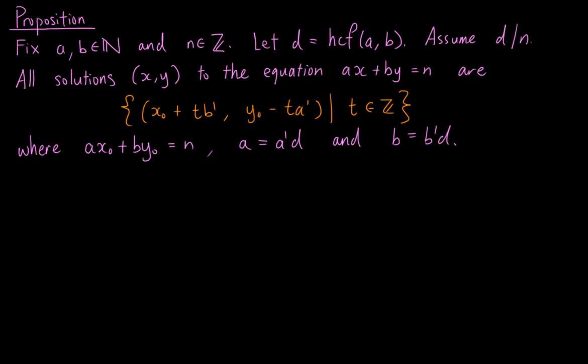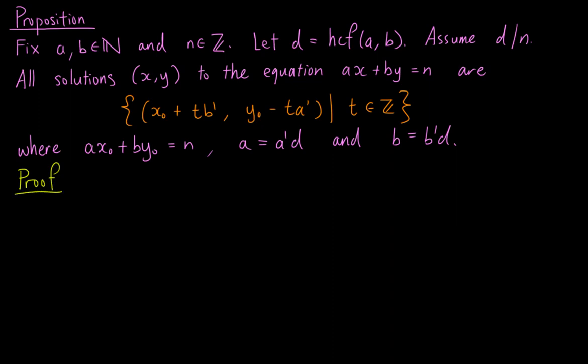Then all solutions x and y to the equation ax plus by equals n are of the form x0 plus t times b prime and y0 minus t times a prime for any integer t, where ax0 plus by0 equals n, a equals a prime times d, and b equals b prime times d.